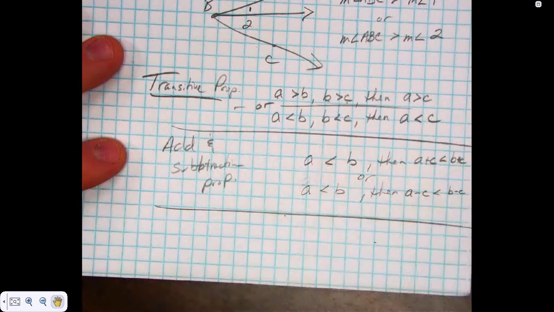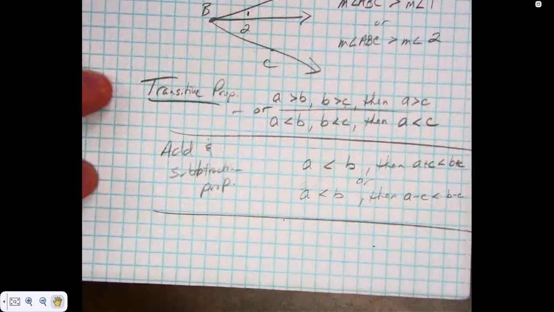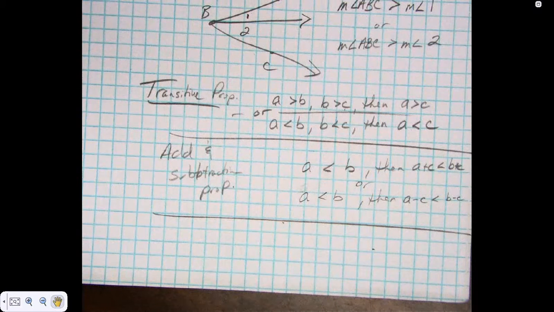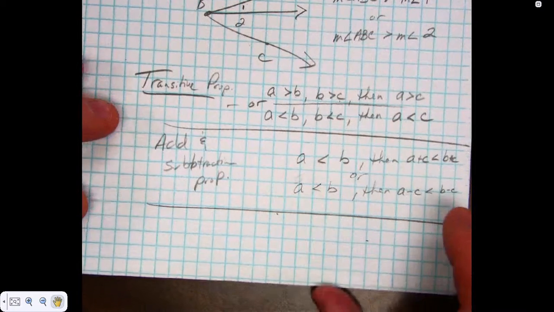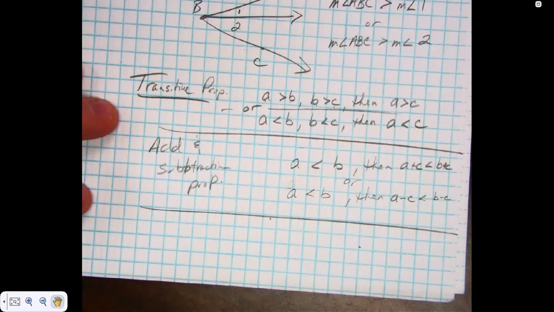All this is saying is the same properties that you have for regular equations. You can add and subtract the same thing to both sides, can't you?